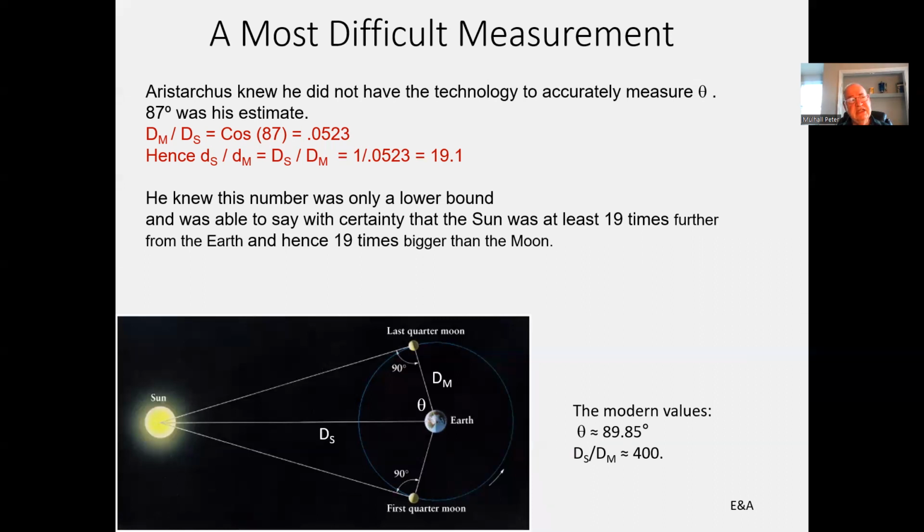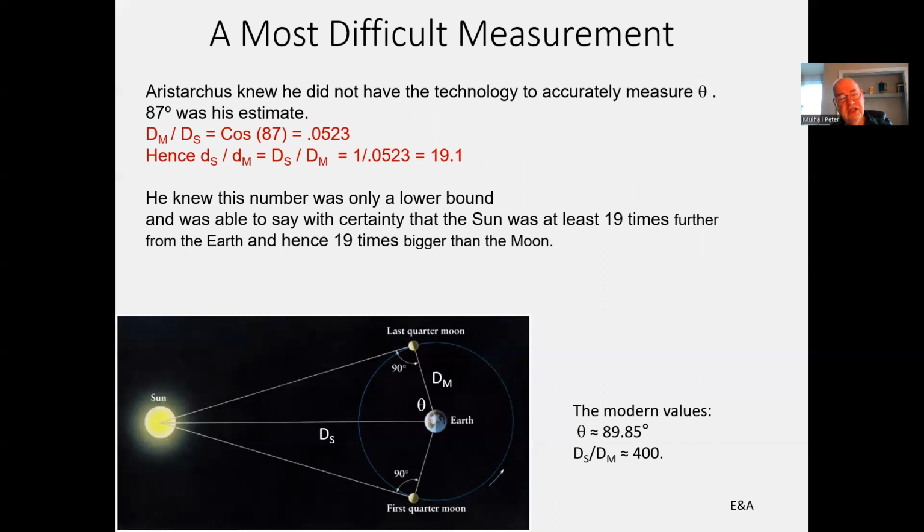That the sun is 19 times larger than the moon in diameter, and it's 19 times further away. No, it's not 19, it's 400. That's because of the 87, not because of his geometry. The numbers are wrong because the computations he's doing are wrong, not because his geometric equations are wrong. It's because the numbers inside those equations are wrong.